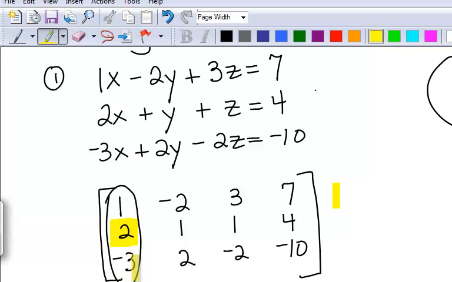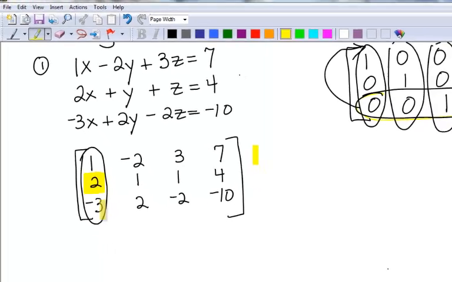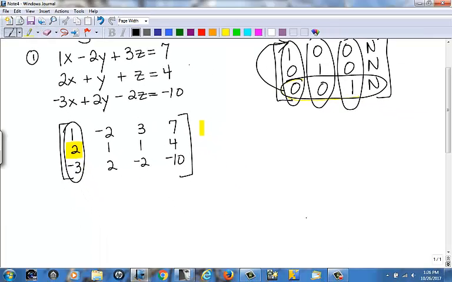And if you get really good at it, you can do 2 and 1, but I'm only going to do 1 at a time. My pre-calc kids will do 2 at a time. I can do it in 8 matrices, or I can do it in 4, or I can do it in 3. So we're going to go for column 1.